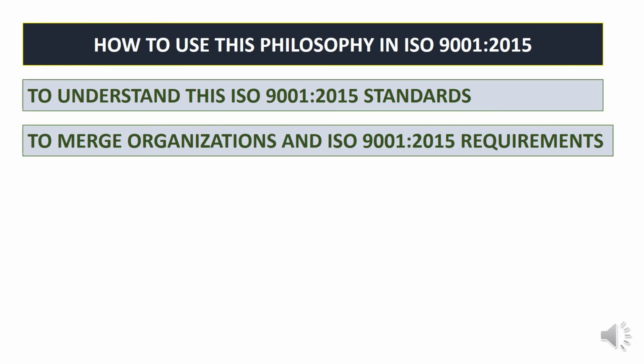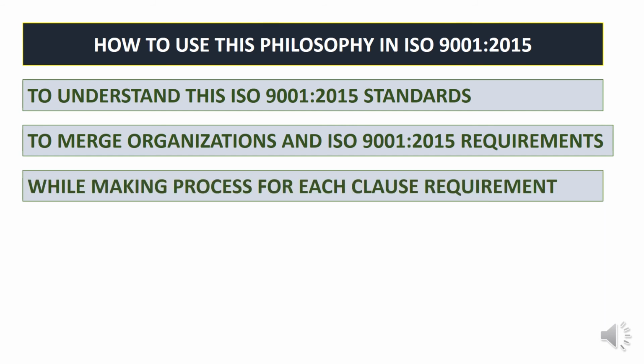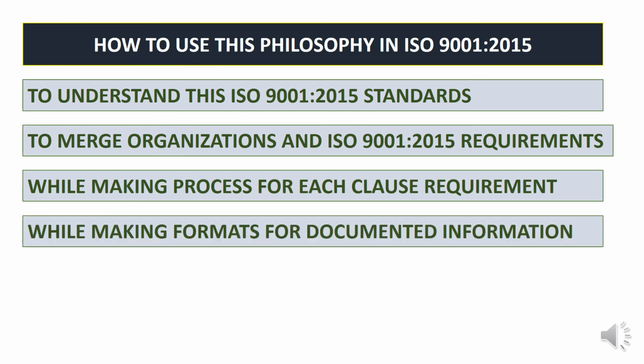Second, if you are implementing this standard in your organization, you have to understand the merger of the organization's existing practices or requirements and ISO 9001:2015's requirements by these 3 things. Third, while making a process for each clause requirement, every organization runs on some process and that process should match or merge with ISO 9001:2015. So while doing this merging or making the process, we need to use this philosophy.